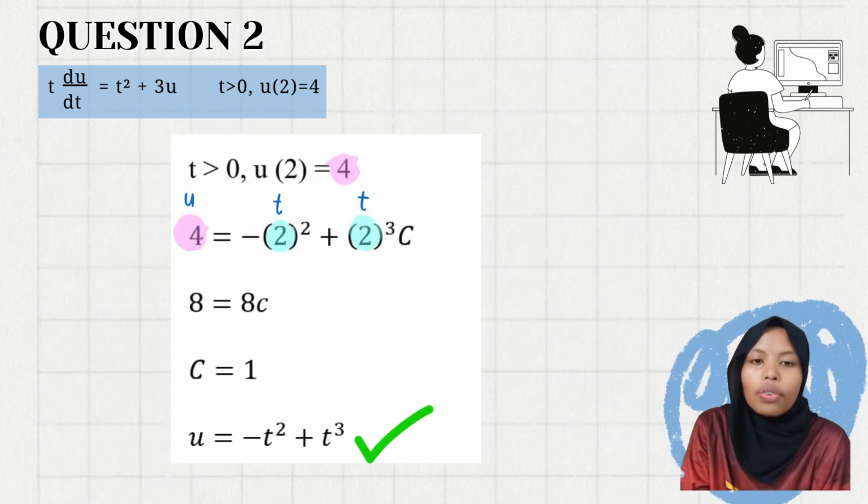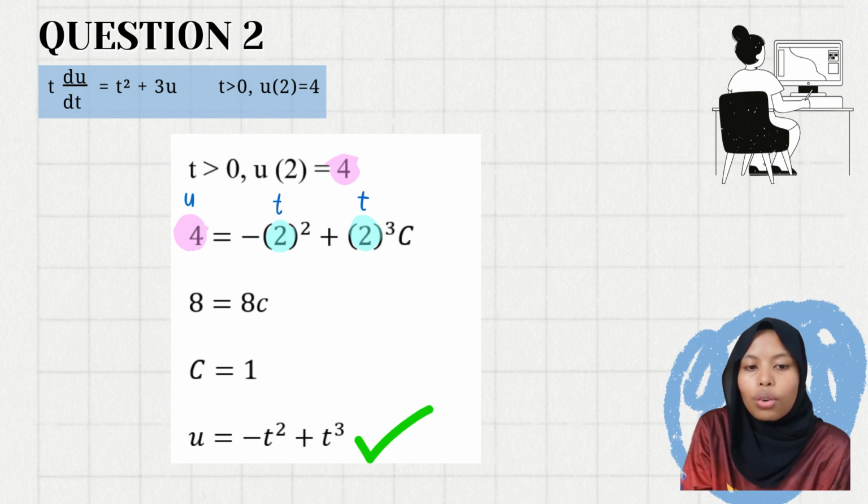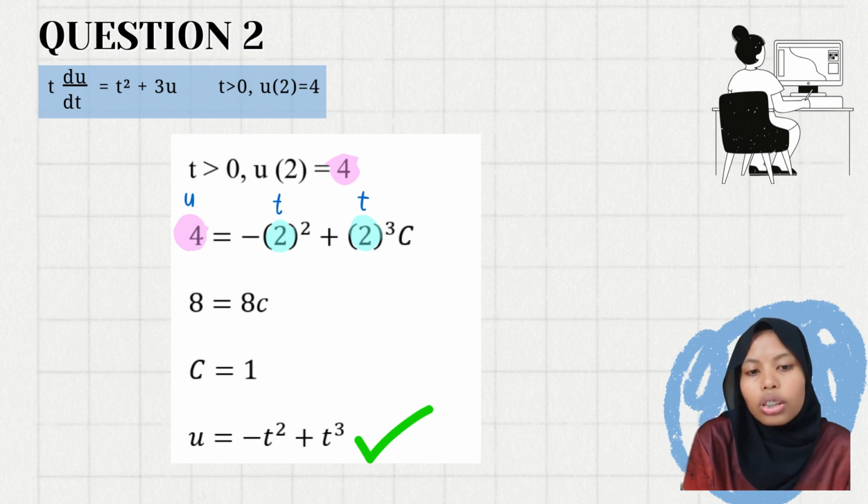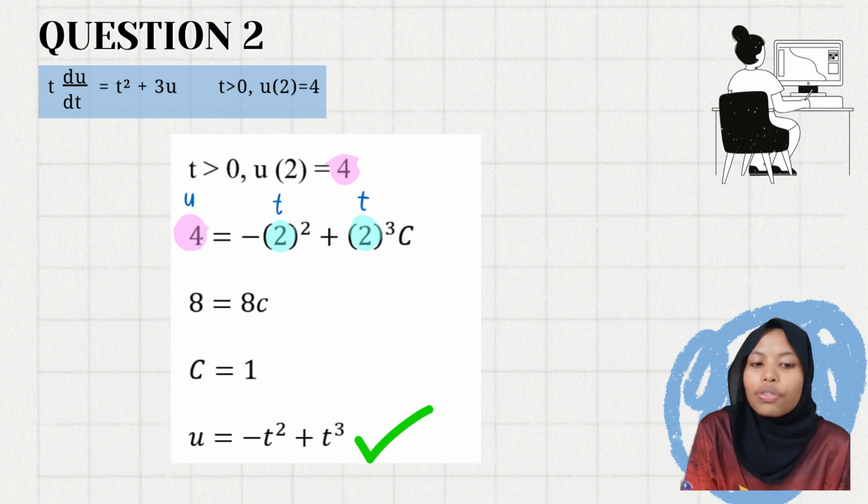So next we have to find the value of c by using t is greater than 0 and u equal to 4 when t is 2. So now 4 equal to negative 2 squared plus 2 cube c. And then we got the answer of c, that is 1. And the final answer is u equal to negative t squared plus t cube.